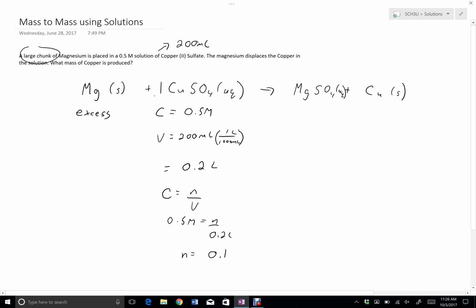The copper sulfate is in a 1-to-1 ratio with the solid copper. So if I have 0.1 moles of copper sulfate, I'll have 0.1 moles of copper. And now if I want to know how much mass is actually produced, I can use the molar mass of copper, which is 63.55 grams per mole.